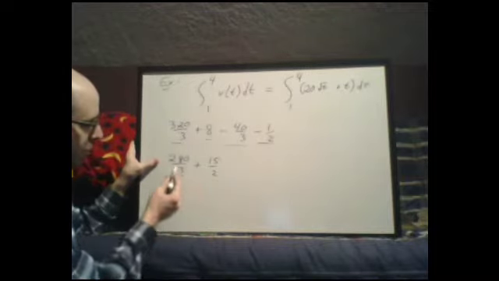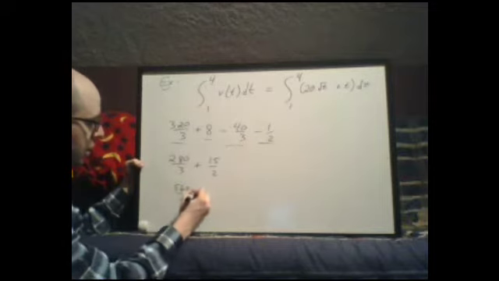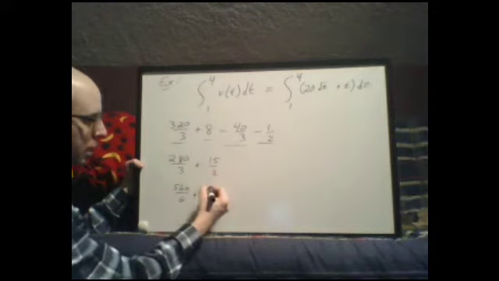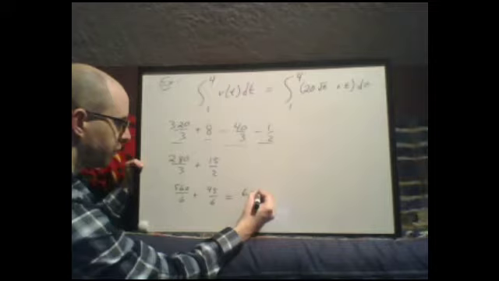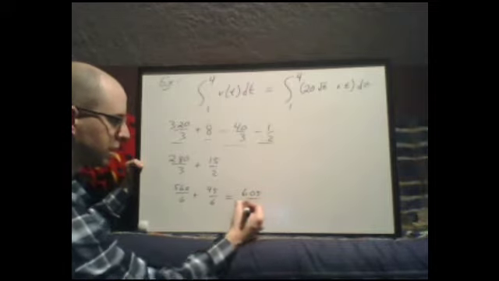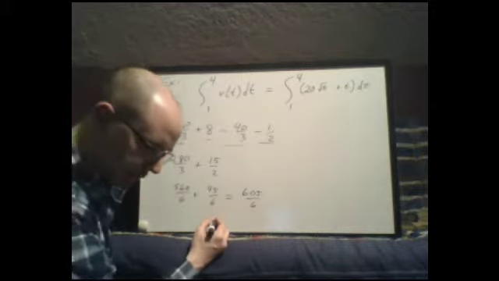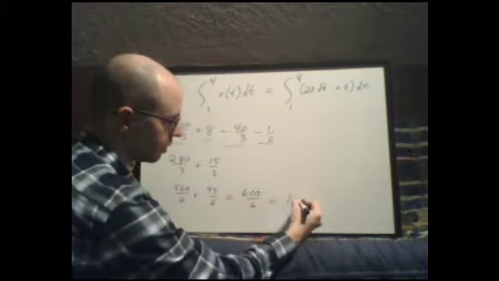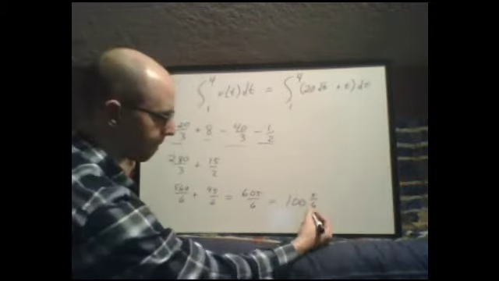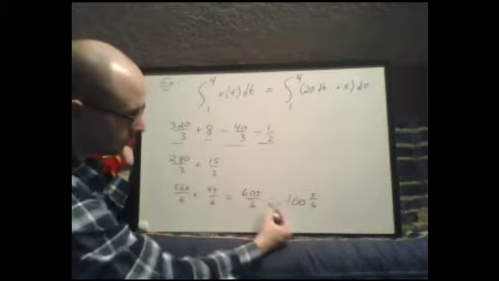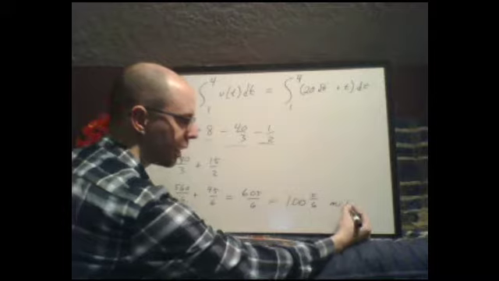So multiply the first one by 2 over 2. That'll be 560 over 6. Plus 3 times 15 is 45 over 6. So 605 over 6. Which is going to be, just make it easy, that's 100. That's as a mixed number, 105/6.